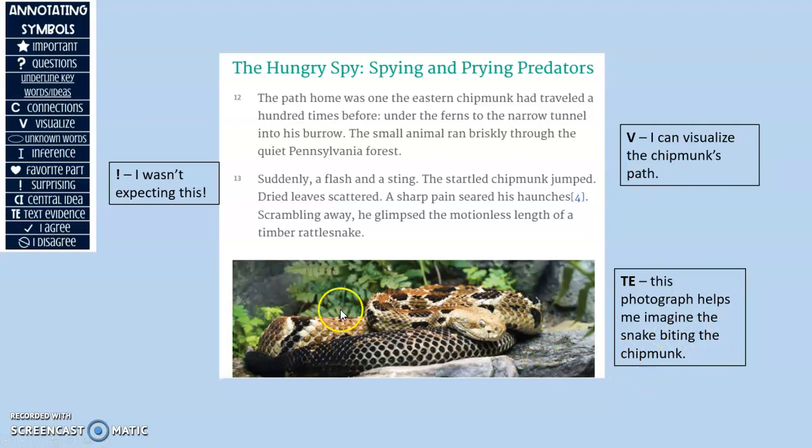It helps me picture what this snake looks like, and it helps me picture him and his environment. Up here, the text mentions ferns, right? Well, I have schema. I know what a fern looks like, and I see ferns in the background here. So this really helps me visualize, but I also marked it as text evidence because it helps me imagine and kind of proves the text that I read.